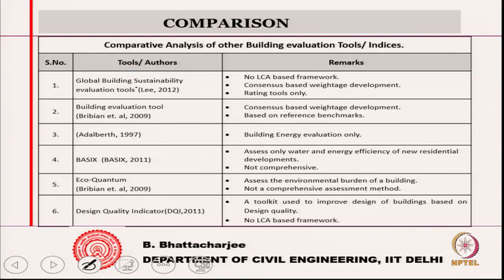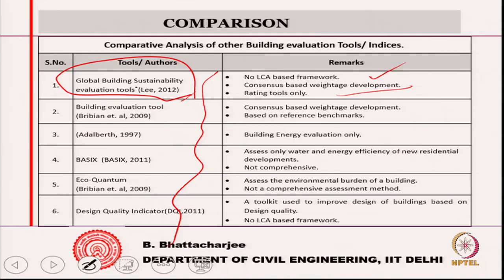If I see the comparison of global building sustainability evaluation tools, the references are also mentioned there. None of them deals with life cycle based work, most of them do not work with life cycle based works, and all of them are consensus based weightages.